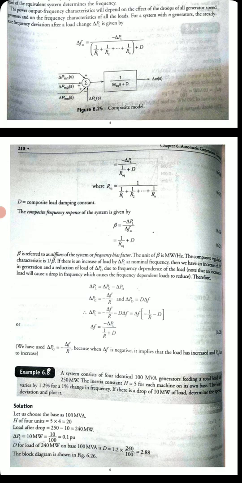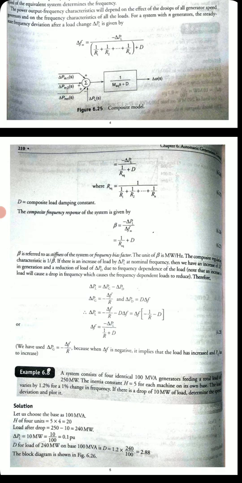If there is an increase in the load by delta PL at nominal frequency, then we need an increase delta PG in the generation, and a reduction of the load delta PD due to the frequency dependence of the load.